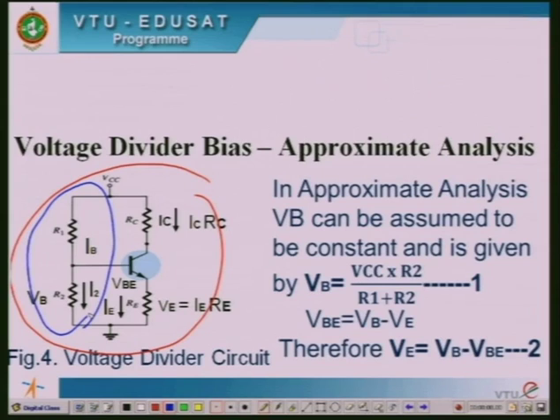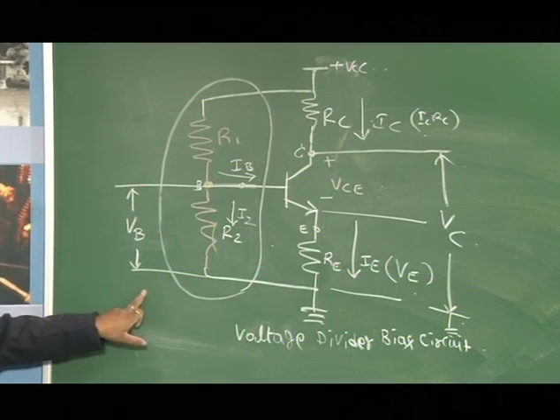So let us now consider the approximate analysis. In the approximate analysis, we will consider the base voltage with respect to ground as VB.